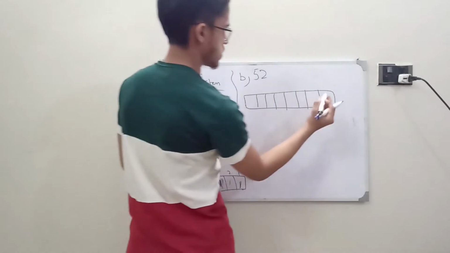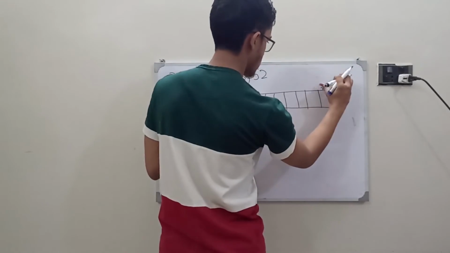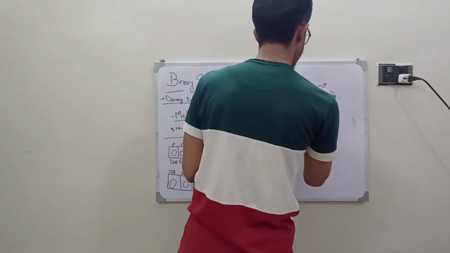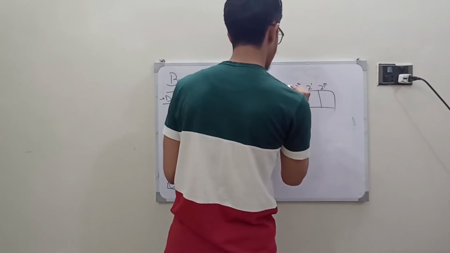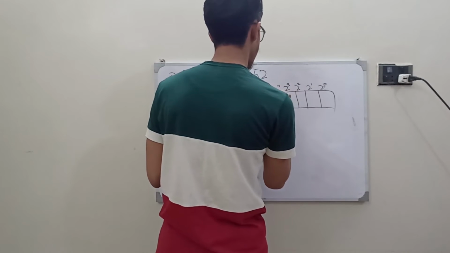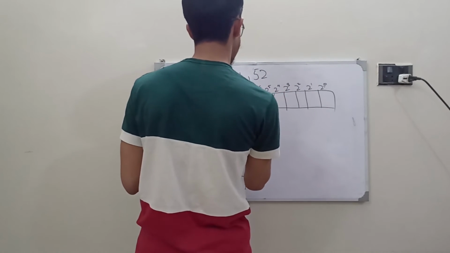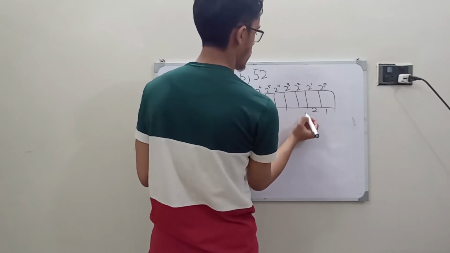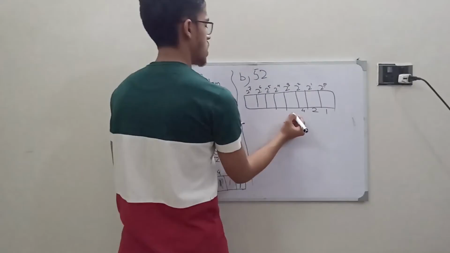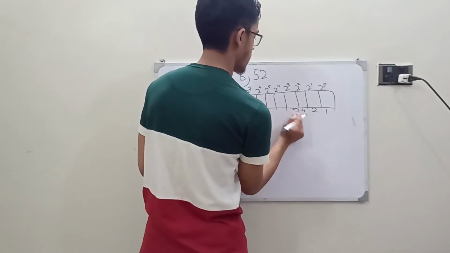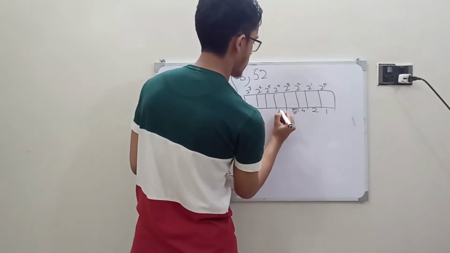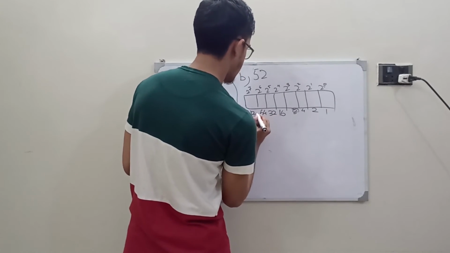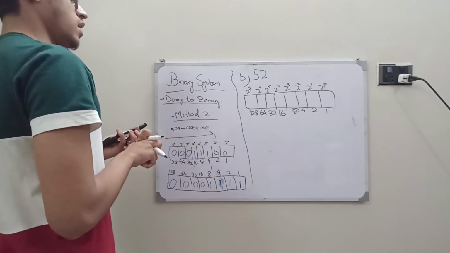So first, write down the powers of 2. 2 power 0, 2 power 1, 2 power 2, 3, 4, 5, 6, and then 7. 2 power 0 is 1, 2 power 1 is 2, 2 power 2 is 4, 2 power 3 is 8, 2 power 4 is 16, 2 power 5 is 32, then 64, and finally 2 power 7 is 128.